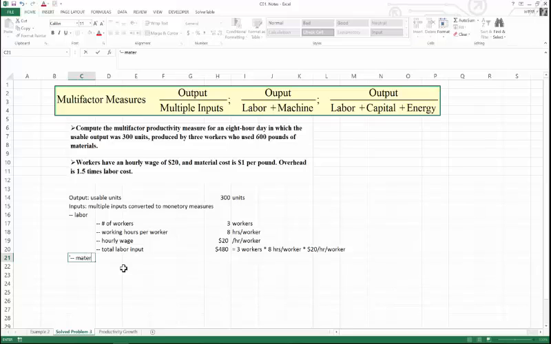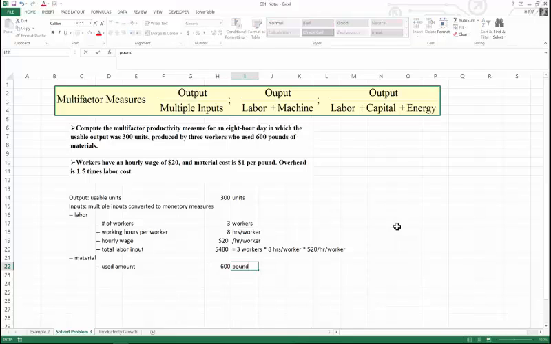So what do we know about the material? We know the used amount. The question tells us it is 600 pounds, so it's by its weight.